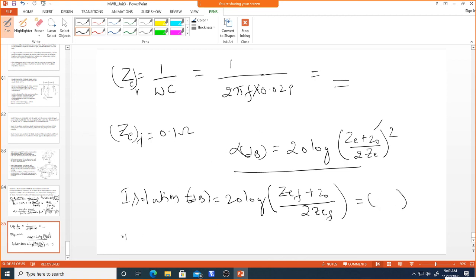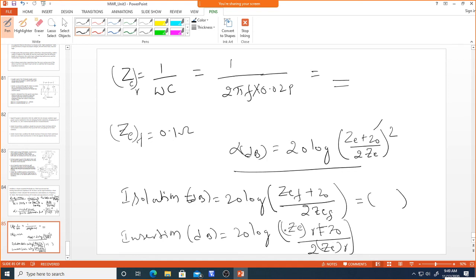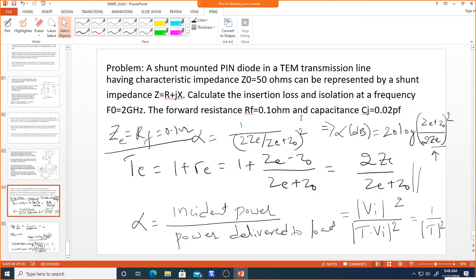Similarly, insertion loss in dB is 20 log of, with the reverse bias case, ZE plus Z0 divided by 2 ZE reverse. If you put that value, you will get the insertion loss in dB. So this is how we calculate the isolation and the insertion loss of the PIN diode.